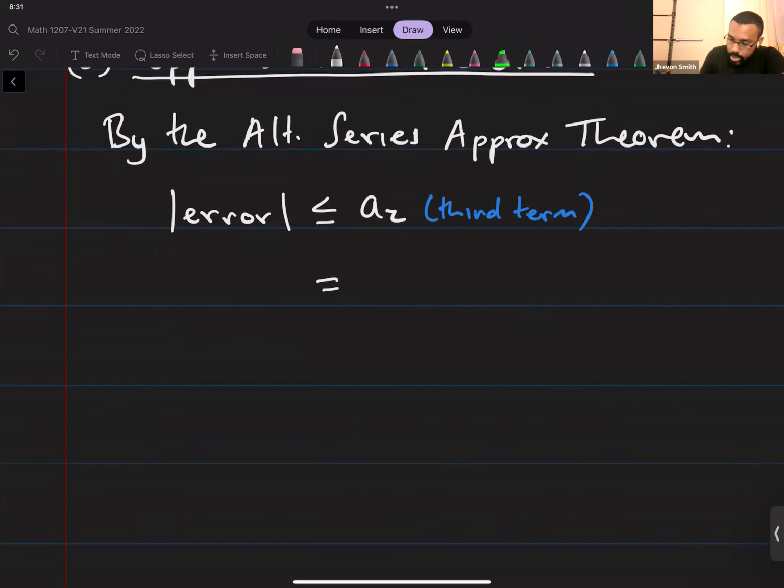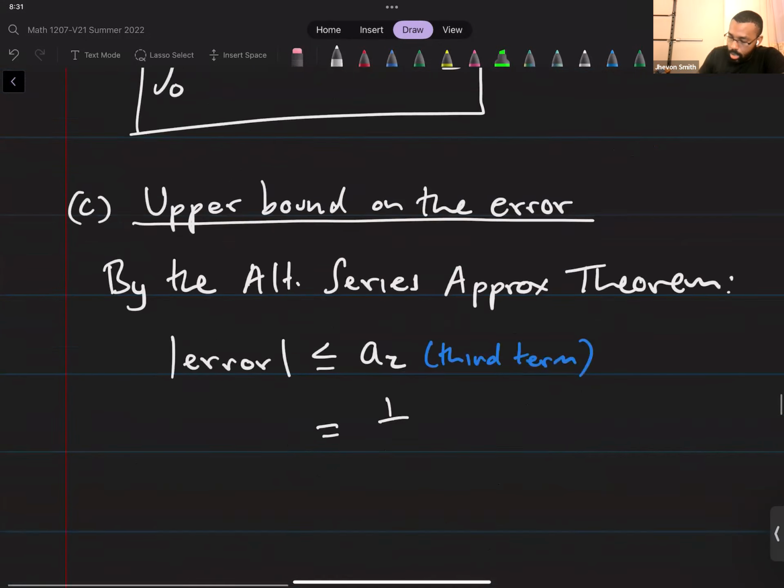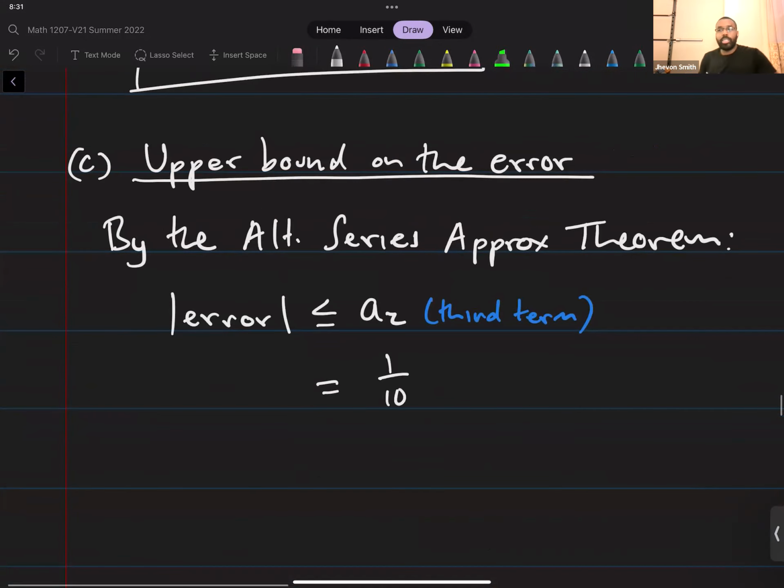So that's actually 1 over 10. So I'm actually 0.1 away from the answer. So this should be roughly 0.567, something like that.